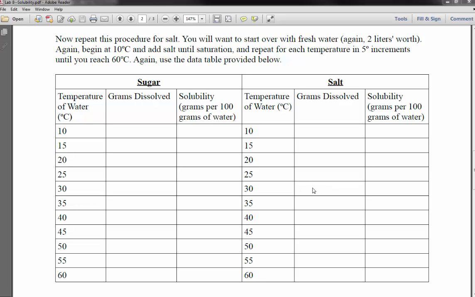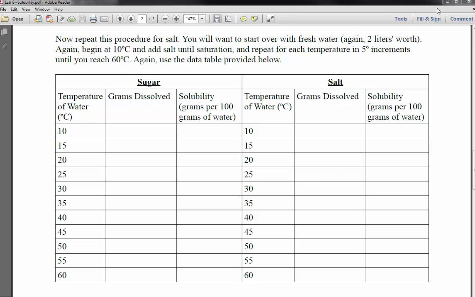So then you have to keep track of how much you added and how much you had here. And so let's say that you add another 30 grams of salt before you reach saturation here. Well, you can just add this 30 grams to the 350 grams that you found here, or, as the case may be, the 700 grams you found here.